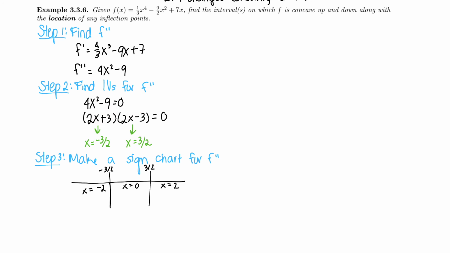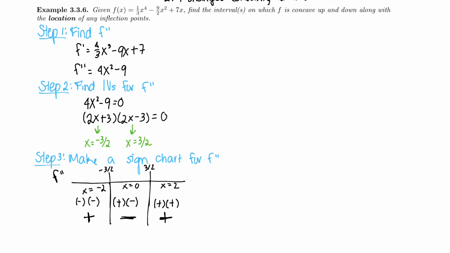Making a sign chart, and we are plugging in to this function here. Negative 4 plus 3 is negative, negative 4 minus 3 is negative, 2 negatives make a positive. 0 plus 3 is positive, 0 minus 3 is negative, so this will be negative. 4 plus 3 is positive, 4 minus 3 is positive, 2 positives make a positive. Now it's important, we're looking at f double prime here.